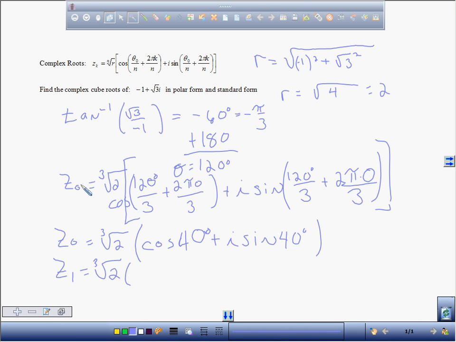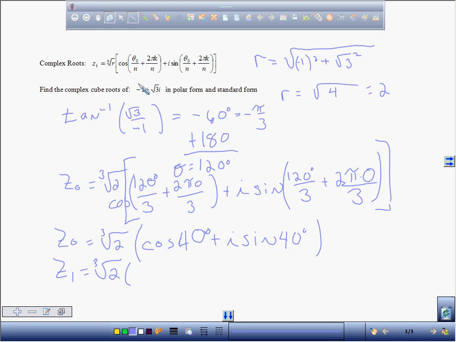Okay, so because they say, why did you do the inverse statement of square root of negative 1? Because I have to, because this is the complex root in polar form.